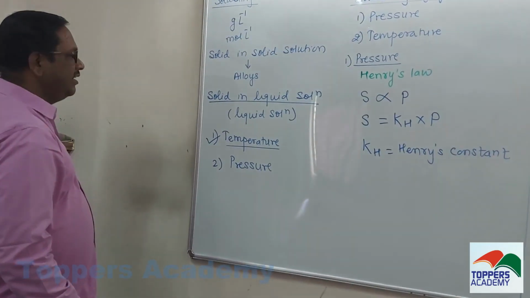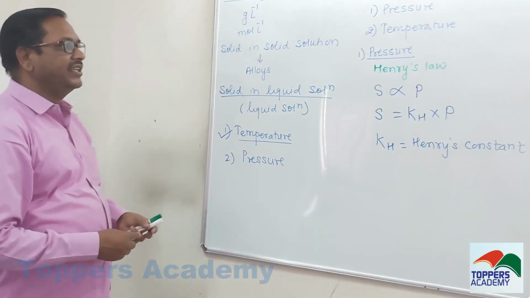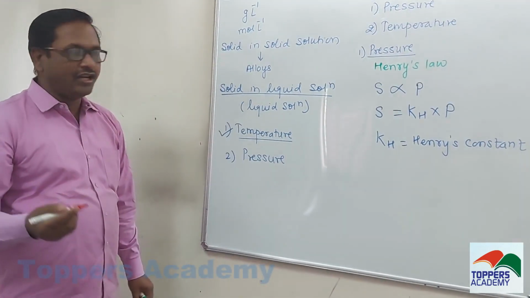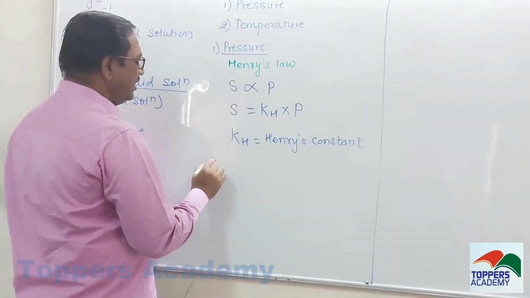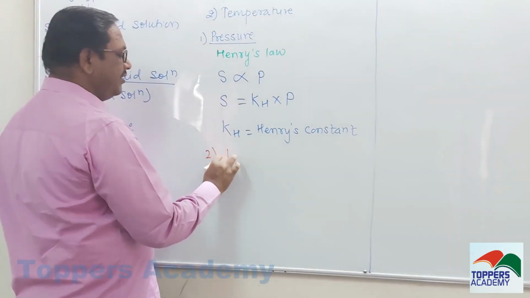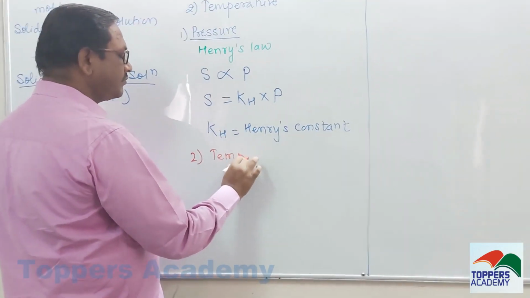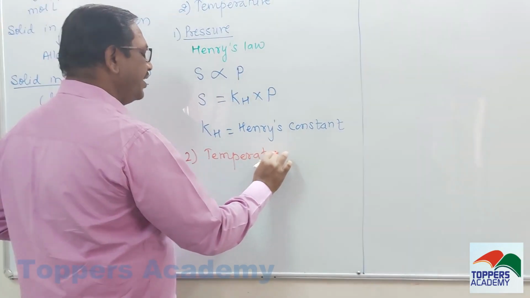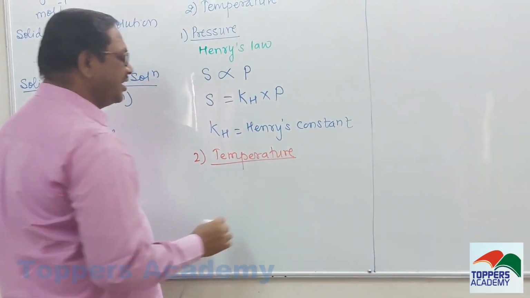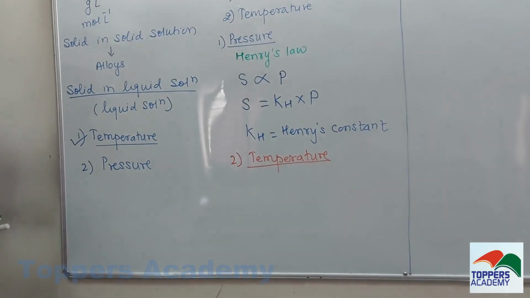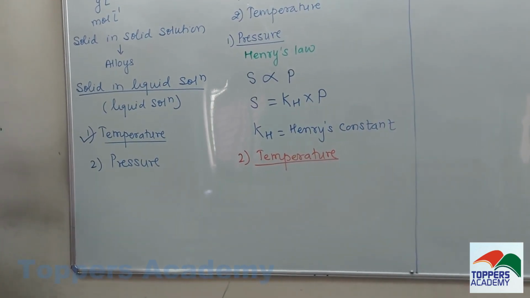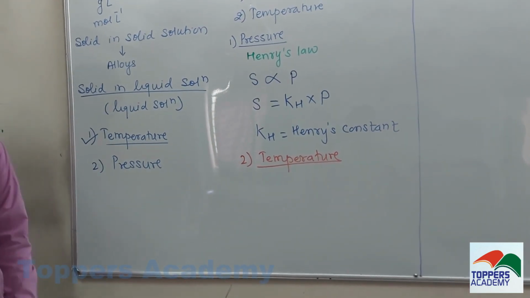Now the second factor that affects the solubility of gas in liquid is temperature. Now what about the temperature? Temperature also affects the solubility of gas in liquid. Now what is the effect here?